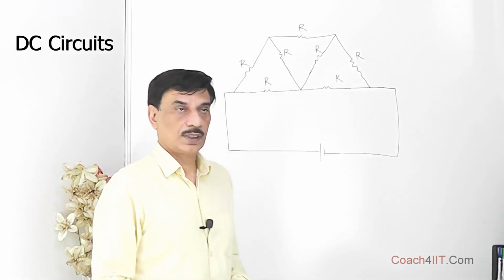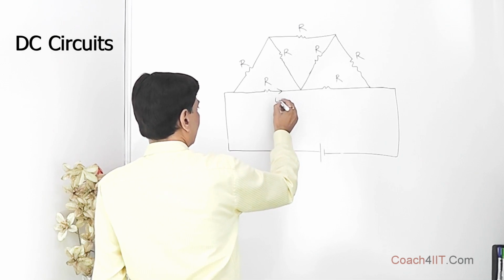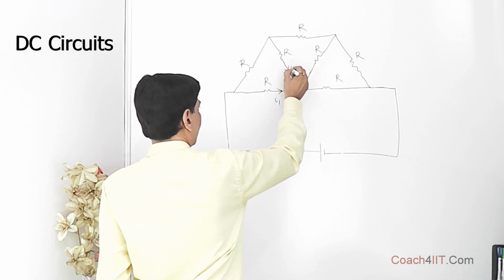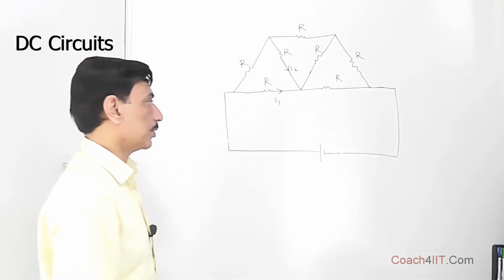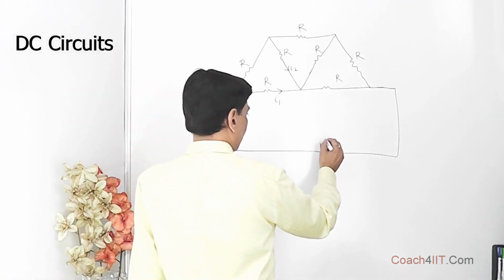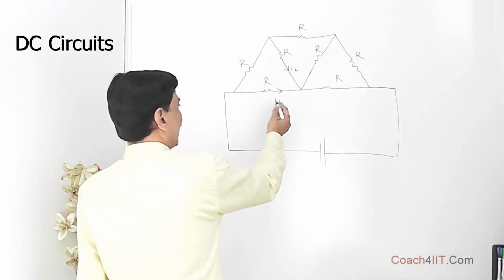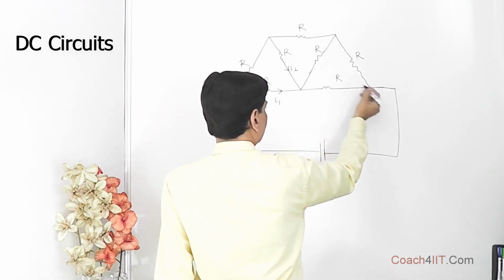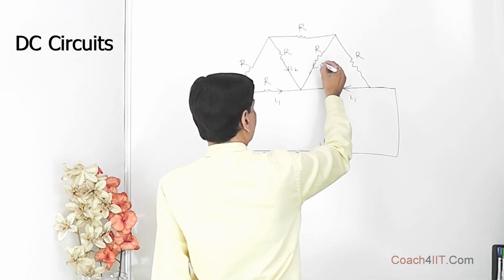So if initially the currents were going in this direction, I1 this way and I2 this way, and if we reverse the polarity, making this positive and this negative, then I1 and I2 in these arms will come the other way.